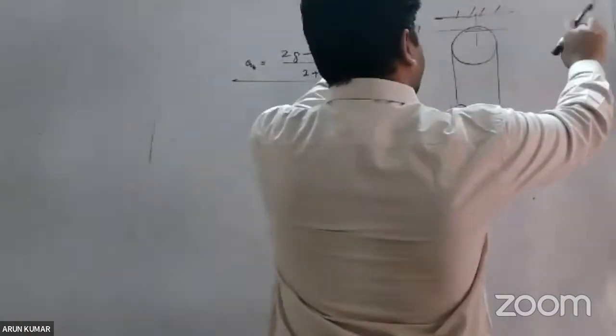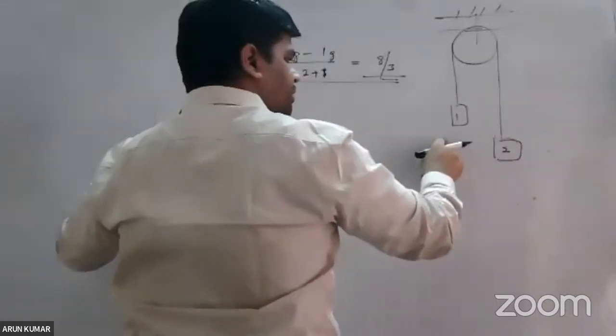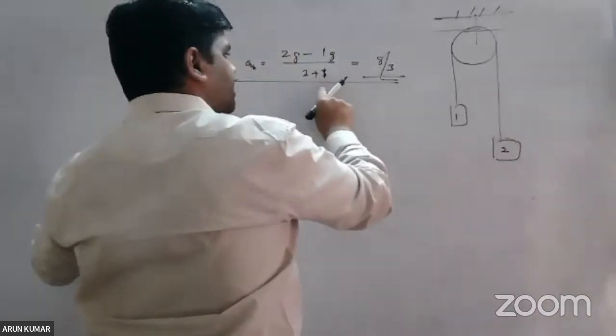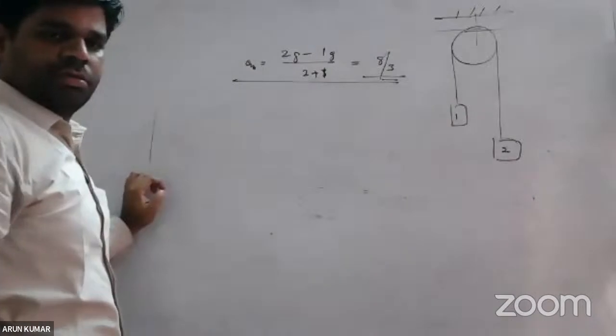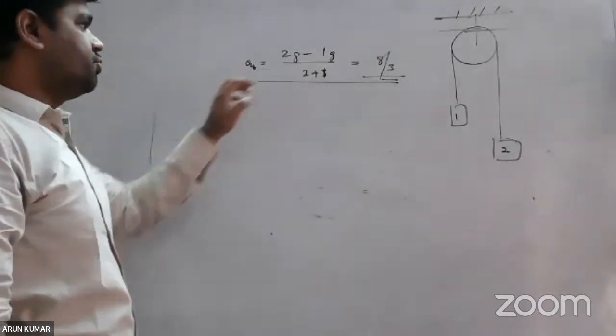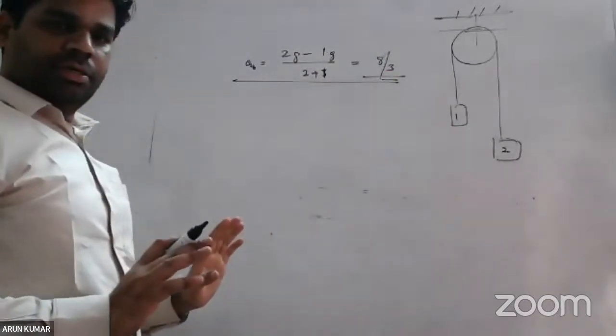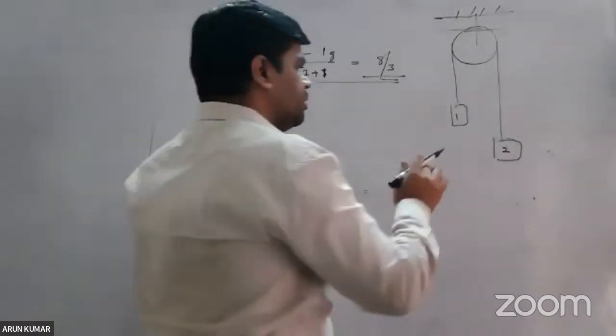Taking it hypothetically, 2g is towards right and 1g is towards left. So 2g minus 1g by total mass is the acceleration, which is g by 3. Clear?